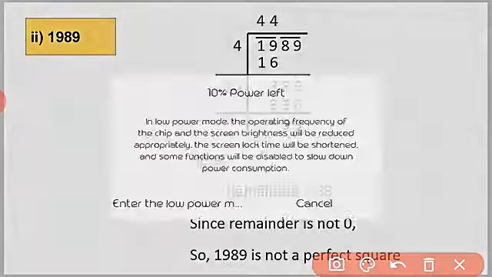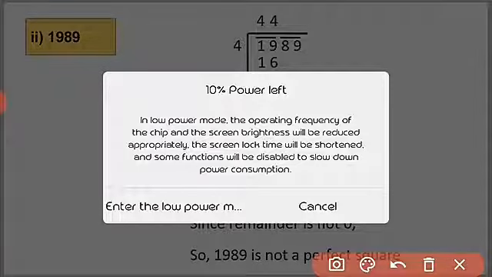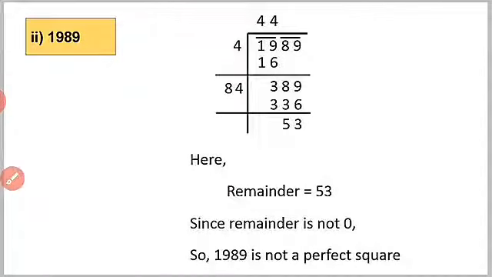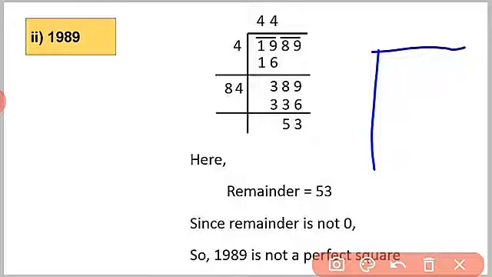So for finding the square root, we must use the division method. So the number is 1989. Write down the number and start pairing from the right side. Now we have to write a square number which is less than or equal to 19.